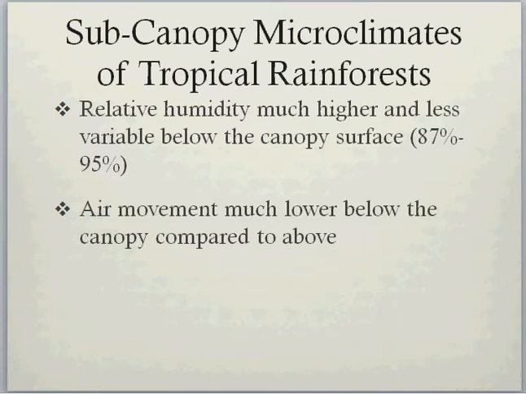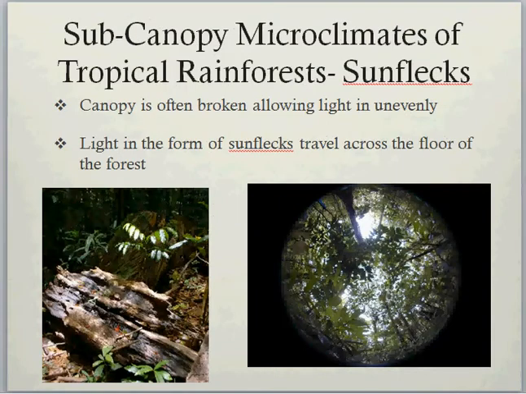Now, in these understory regions, it's not just even shade across the whole of the forest floor. It's not as simple as that. There are what are known as flecks of light or sunflecks. The canopy is never completely uniform.